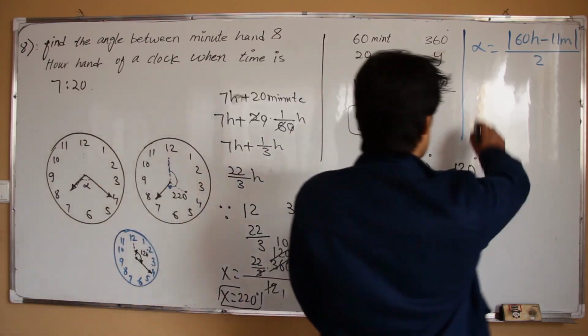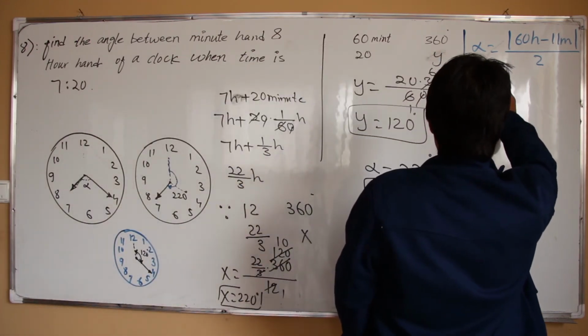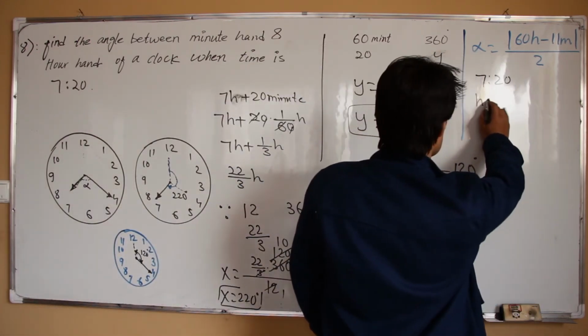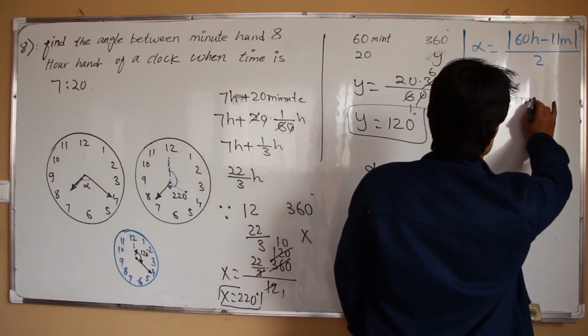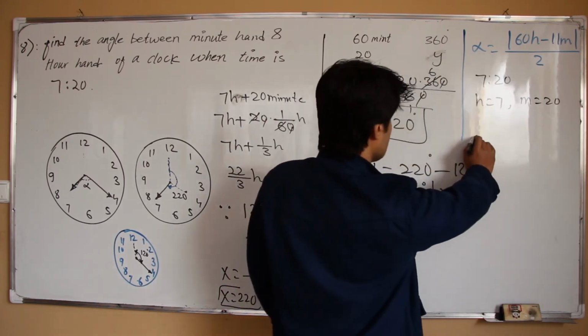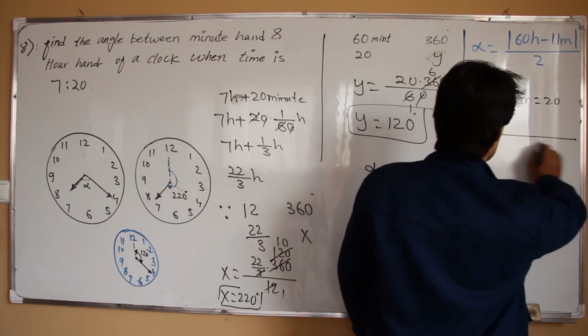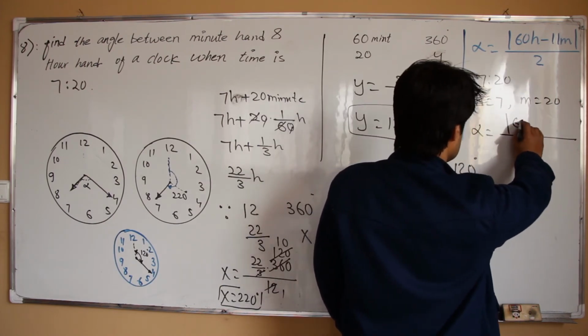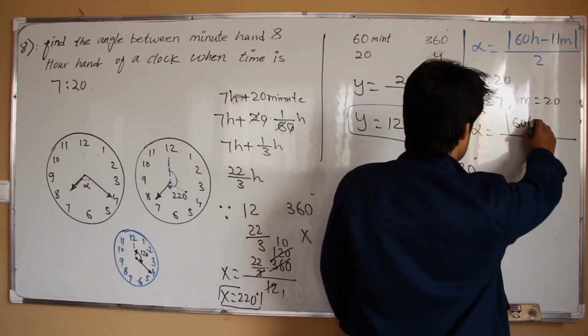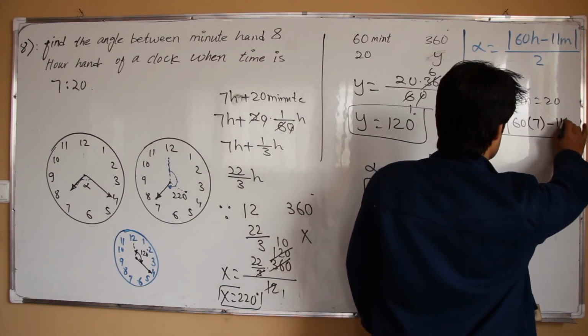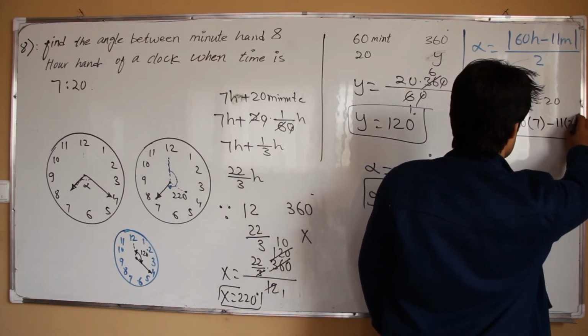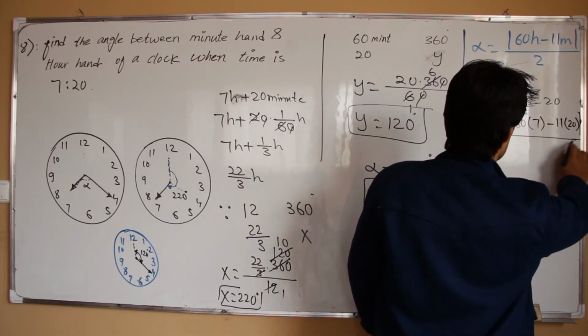Now, what is h in 7:20? H is 7 and m is 20. Now put alpha equal to 60 times 7 minus 11 times 20, divided by 2.